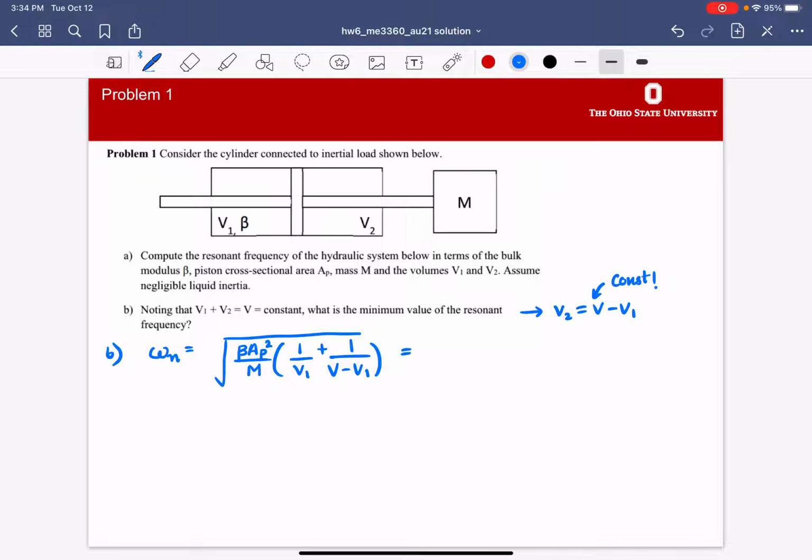If you simplify this a little further, we will end up with a term that looks something like this. I've just added up these two fractions in the second term. Now let's find the derivative of this with respect to V1, and when we set the derivative to 0, that will give us the minimum value for the resonant frequency.